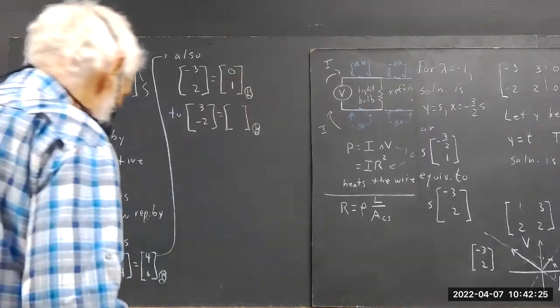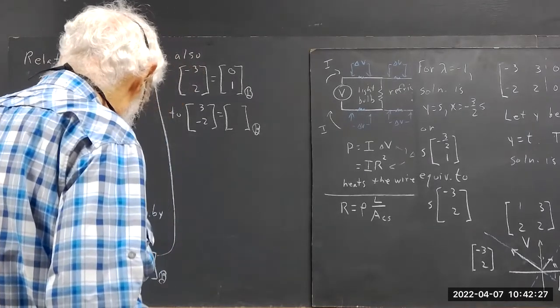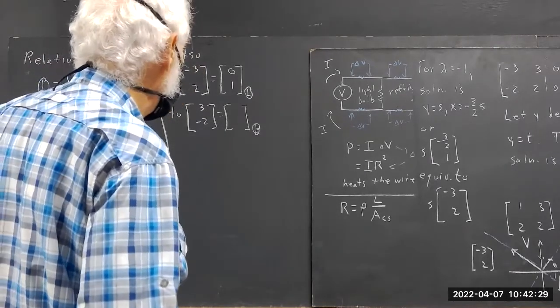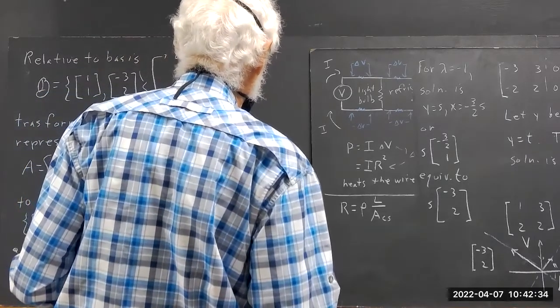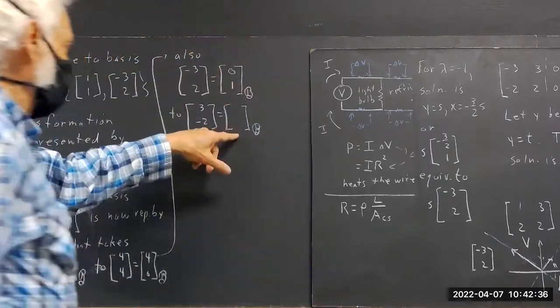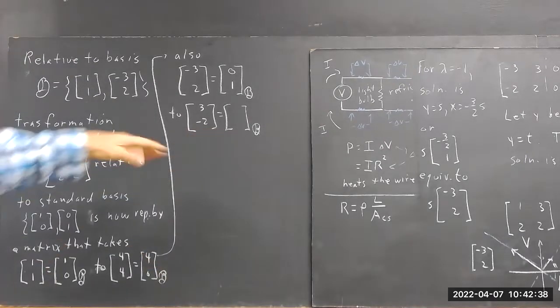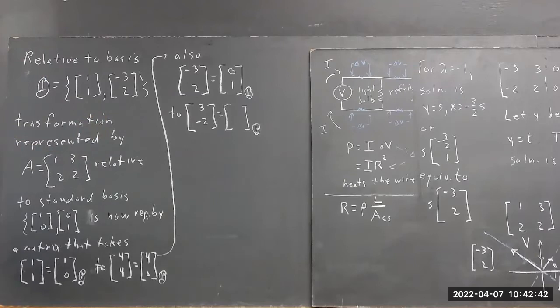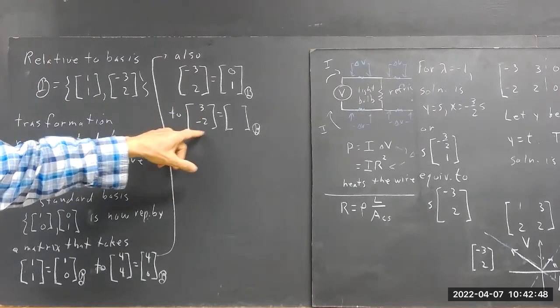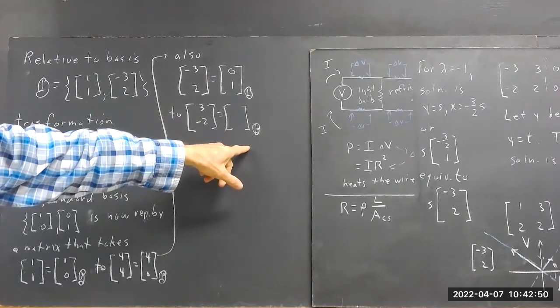And let's write a little explanation because we want to make sure everybody understands. Well, let's do this. I don't really have room to write an explanation. So what's 3, negative 2 relative to B?